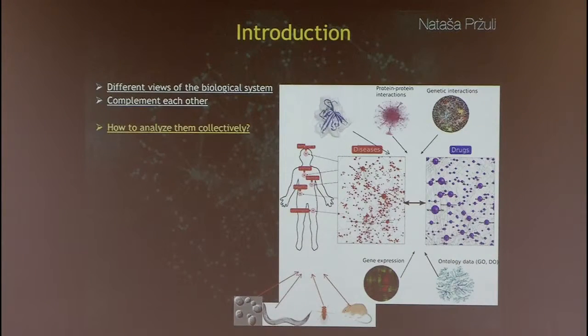And why? This is because all of these data sets give us different views of the same system of the living cell that complement each other. And the question is how to analyze them collectively, because only by collective analysis can we get a full insight.